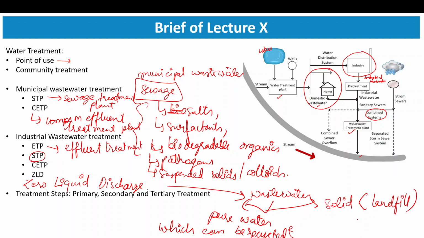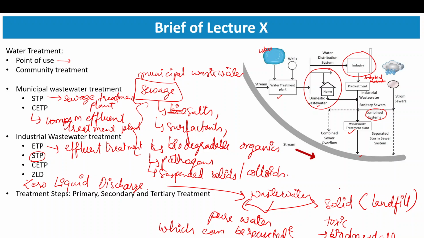So there will be two products from wastewater. One is liquid phase, which is pure water, and another is solid form, which could be toxic, biodegradable, anything. It can be a combination of all, right?